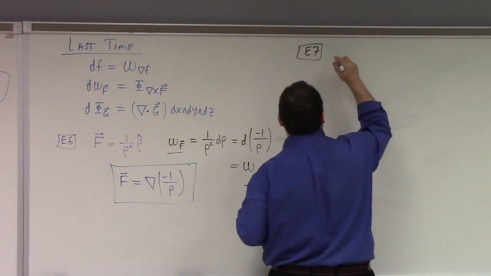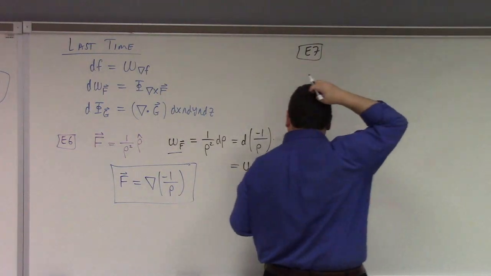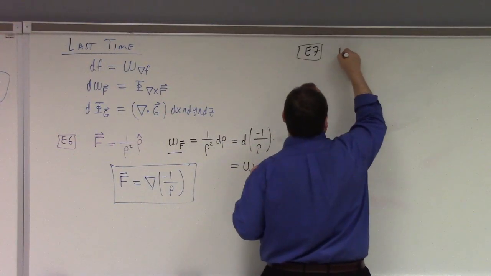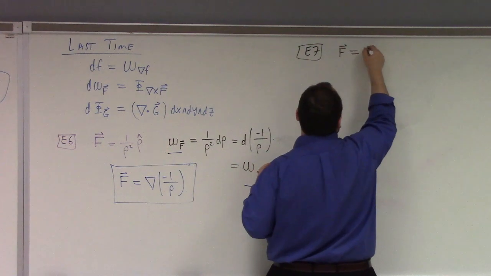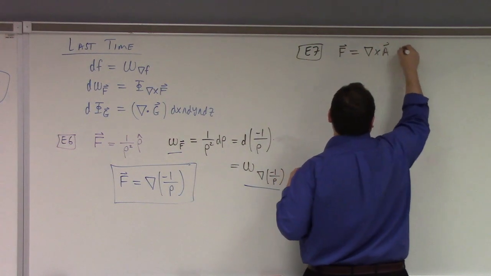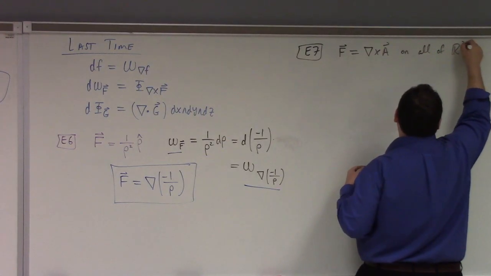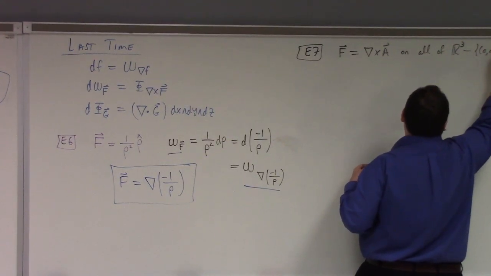So I'll talk more about, I guess I could talk about it now. If you had f equal to the curl of A on all of R3 without the origin, right?